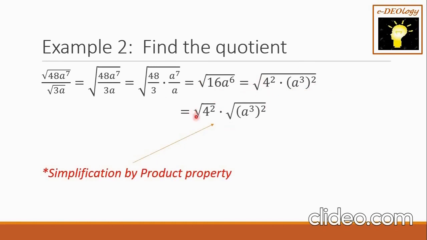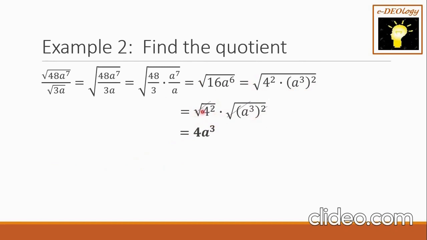So you see we have now the square root of 4 squared times the square root of the square of this a cubed. And then we can now cancel the square root and the square in this first factor. So only the number 4 will come in the final answer. Also with the second factor, we cancel the square root, also the power 2, only the a cubed will come down here. So the final answer is 4a cubed.